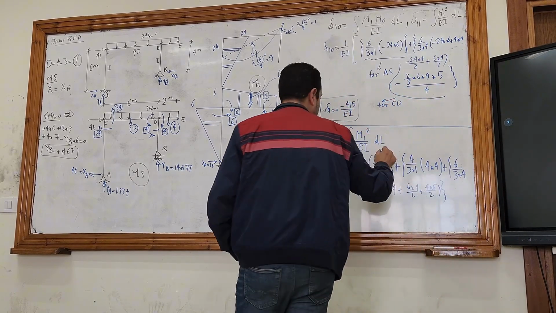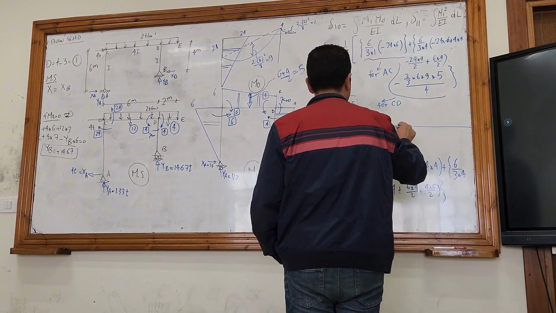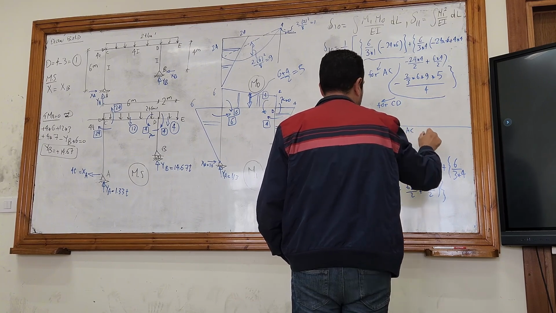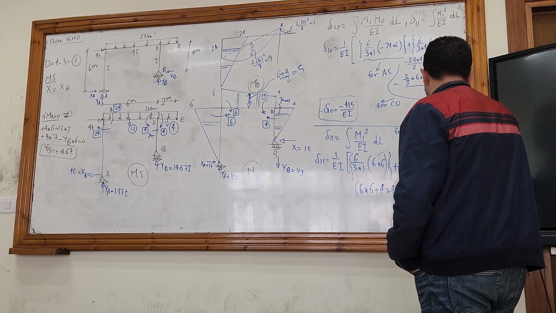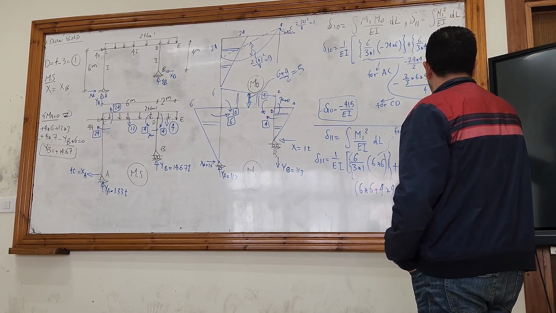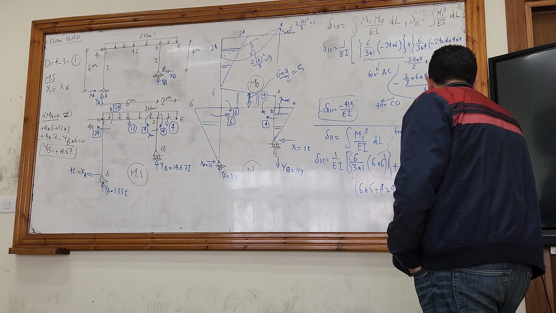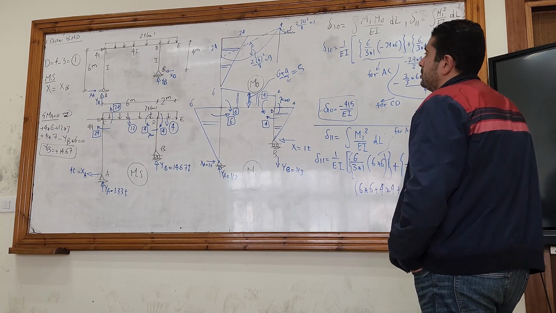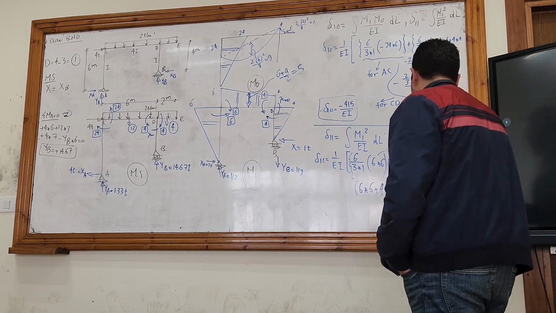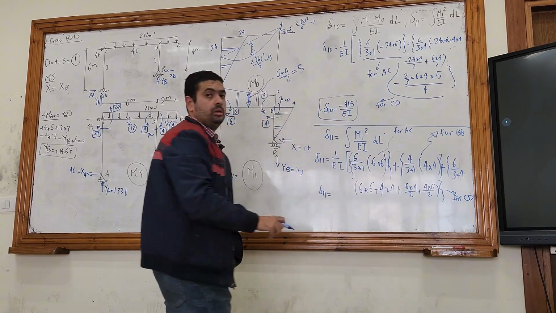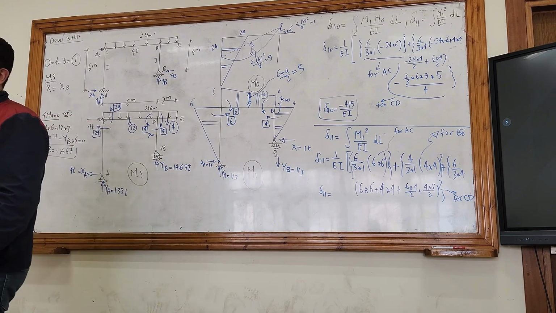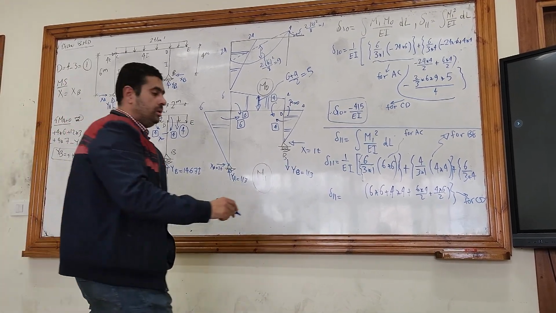What was this member? It was for AC. What about this? It's for BE, and the last member was CD. From here, delta 1, 1 will be equal to positive.